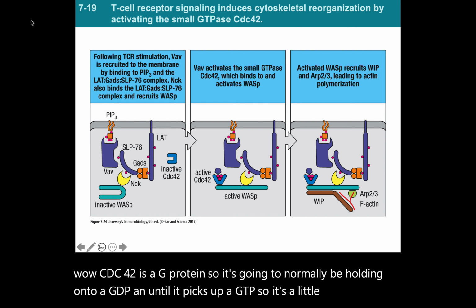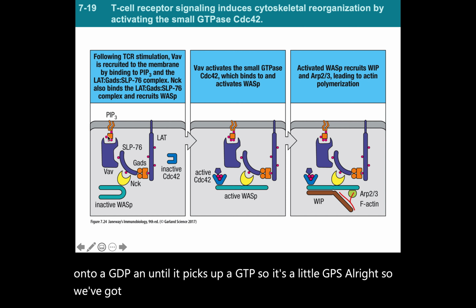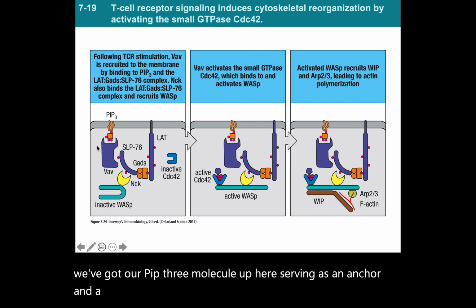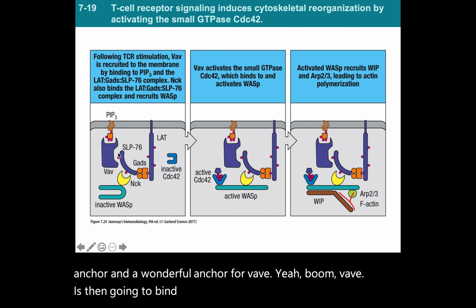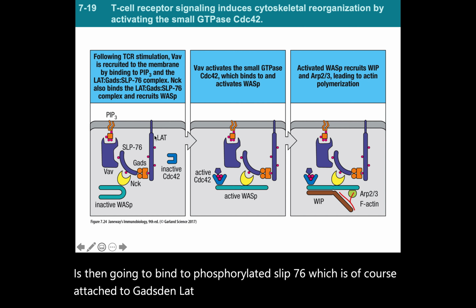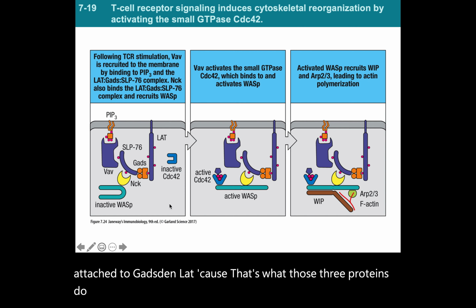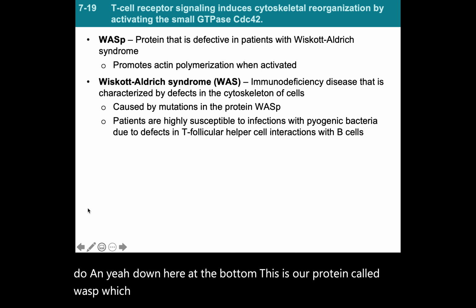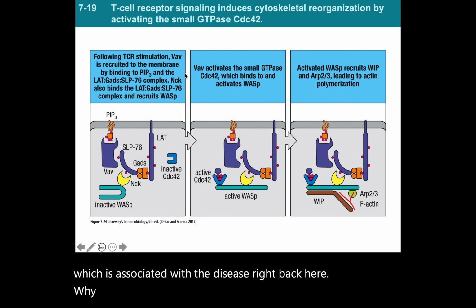All right, so we've got our PIP3 molecule up here, serving as an anchor, and a wonderful anchor for VAV. Yeah, like vavoom. VAV is then going to bind to phosphorylated SLP76, which is of course attached to GADs and LAT, because that's what those three proteins do. Down here at the bottom, this is our protein called WASP, which is associated with the disease right back here, Wiskott-Aldrich syndrome.